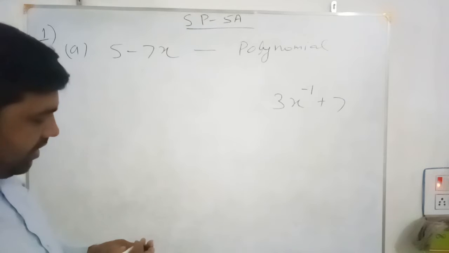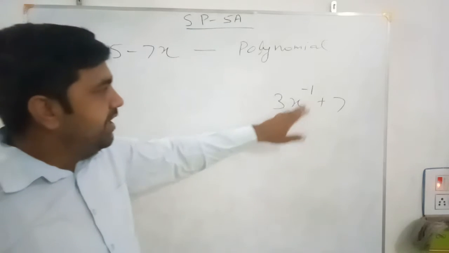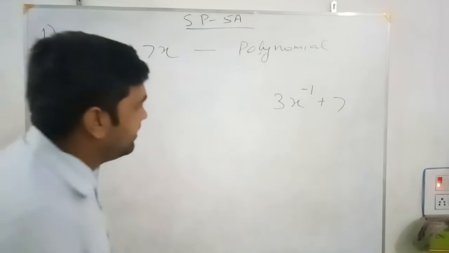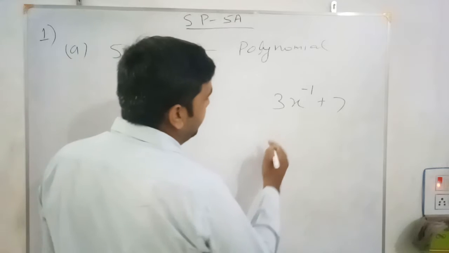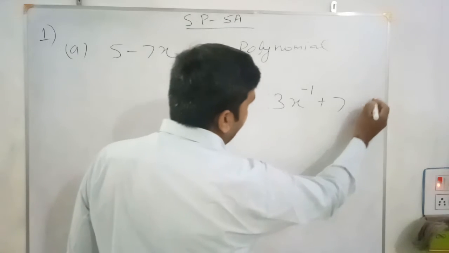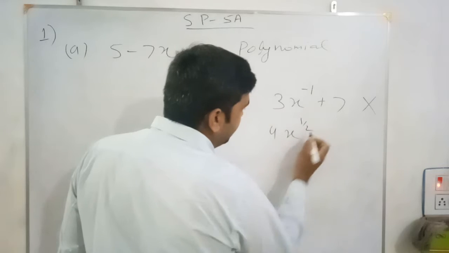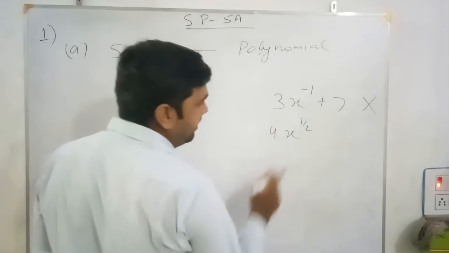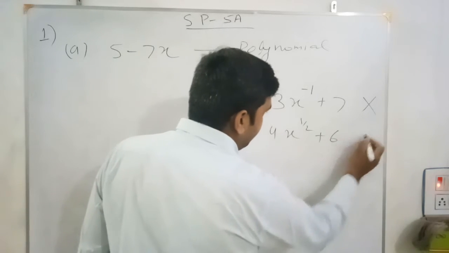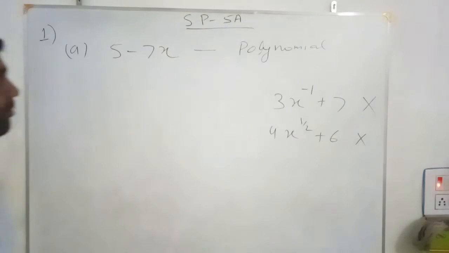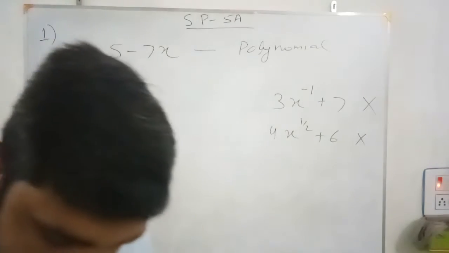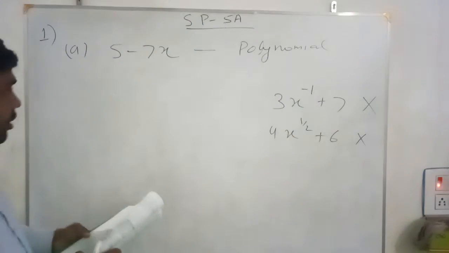The degree of the variable should not be negative or a fraction. Another example is 4x to the power 1 by 2. The degree here is a fraction, so this is also not a polynomial. So the first one is a polynomial.